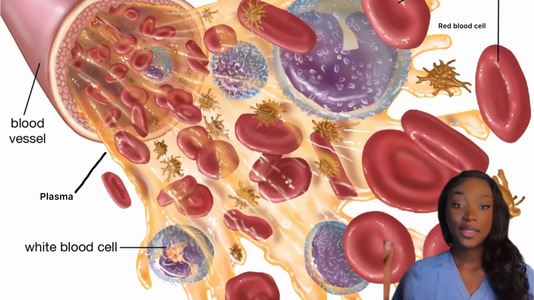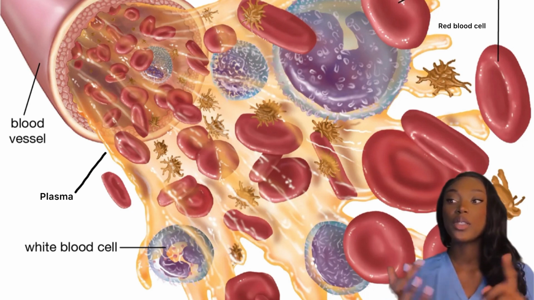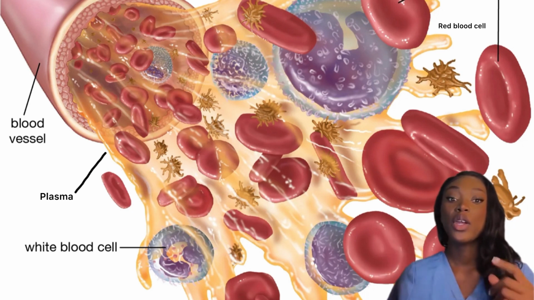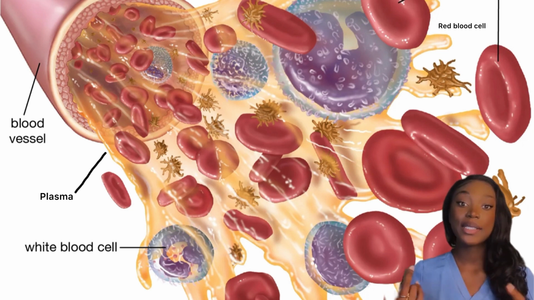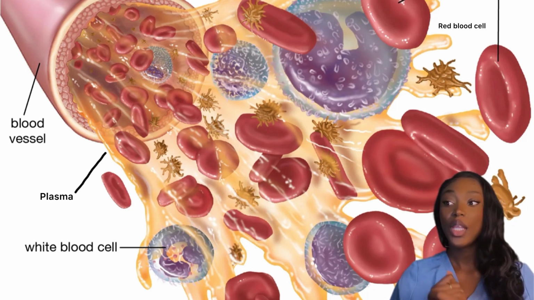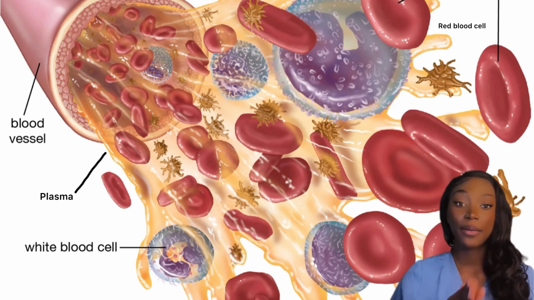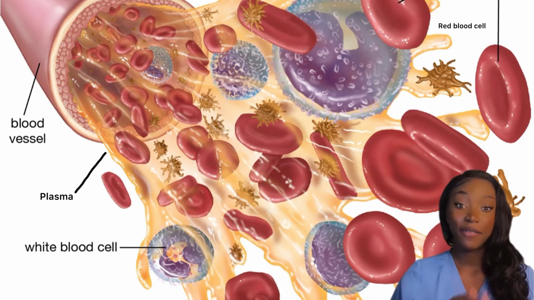So the blood is a vital fluid that carries oxygen, nutrients, hormones, and waste products throughout the whole body. It's composed of red and white blood cells, platelets, and plasma. The red blood cells carry oxygen. The white blood cells fight infections.